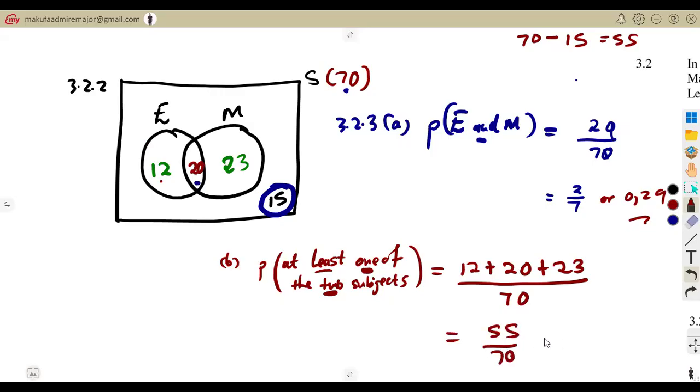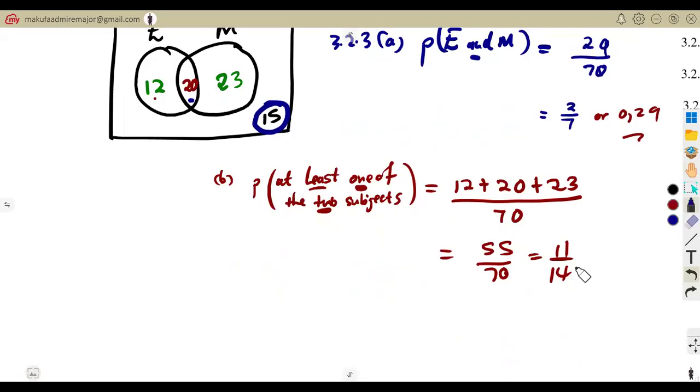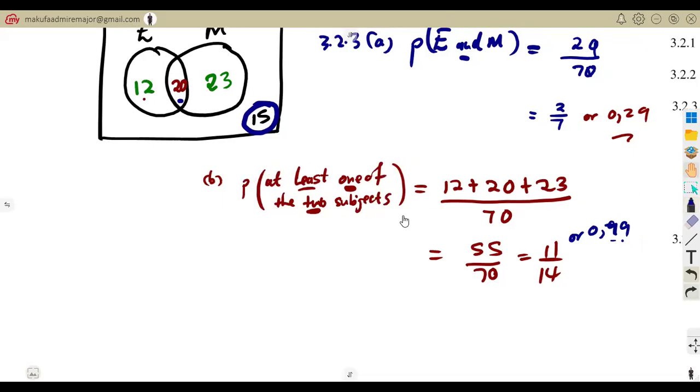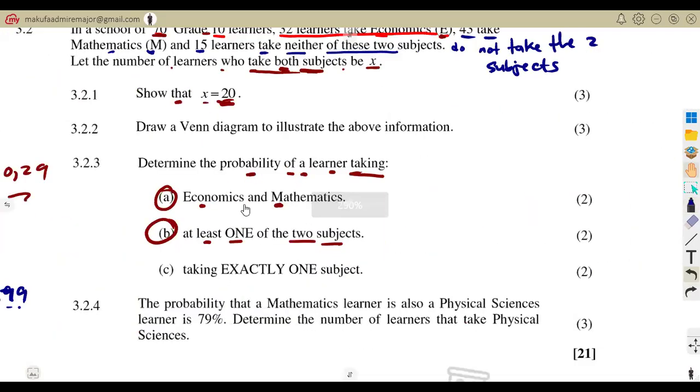And you can reduce this to 11 over 14 on your calculator, or as a decimal to 2 decimal places, it was going to be 0.79, something like that. Probability can also be a percentage. So take note of this. Where are you having your answer there? All right, I think it was direct, this one.